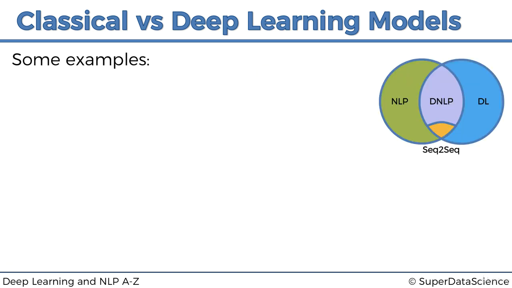All right. Some examples. We're going to have our diagram on the right, and we're going to start going through these examples one by one. So number one is the if-else rules, and this is a way that we used to create chatbots back in the day.